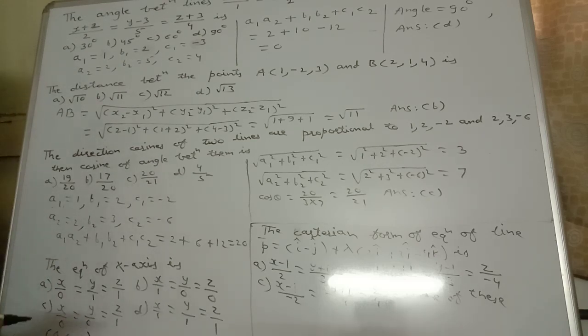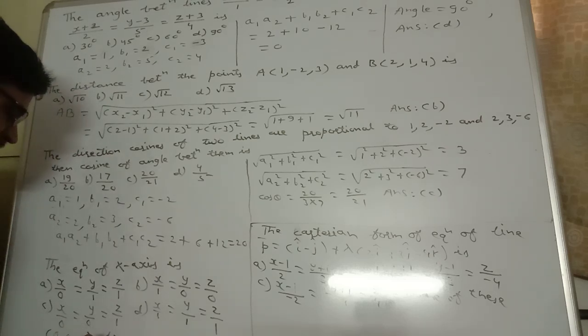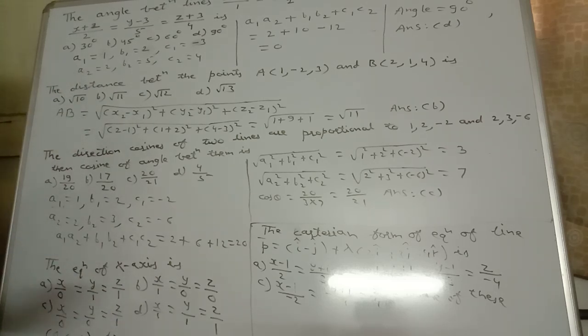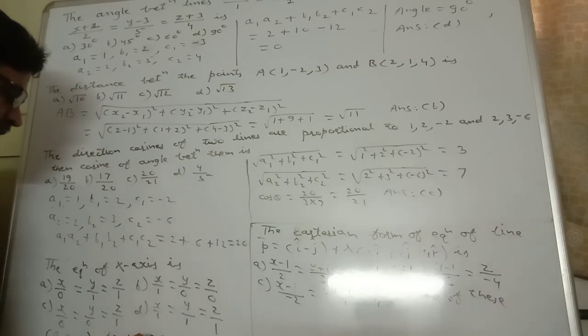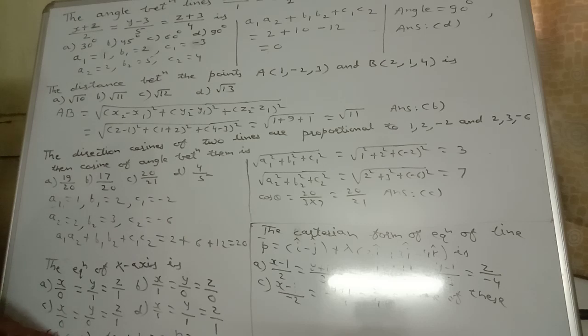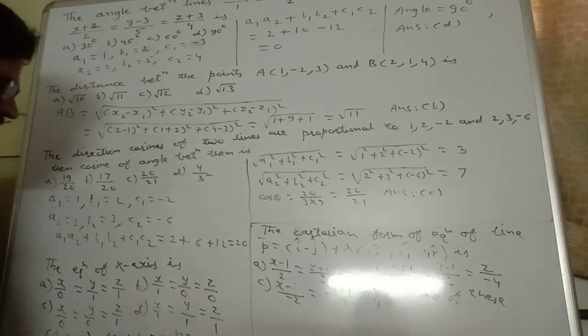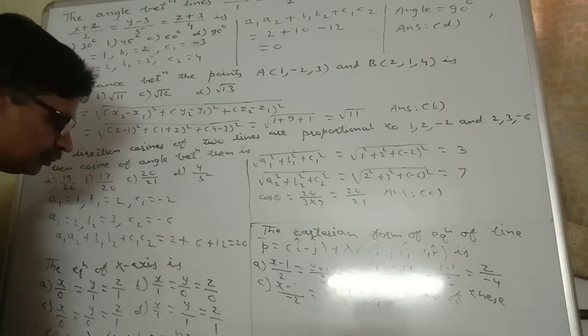Then direction cosines are cosines of direction angles. Cos 0, cos 90, cos 90. Cos 0 is 1. So we have got direction cosines and coordinates of one point. (X minus 0)/1 = (Y minus 0)/0 = (Z minus 0)/0. Answer is option B.